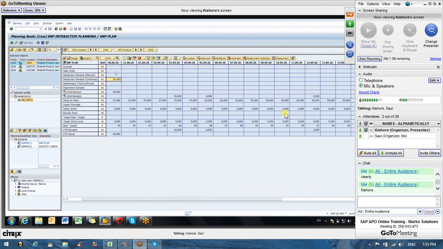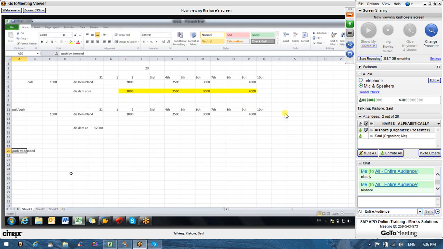See here, it has confirmed all the demand for the first 20 days period, at the beginning of the period itself. Earlier it was not done because you didn't have enough receipts. Now you have enough receipts, that's why it confirmed all the demand at the starting of the bucket itself. You got it? Yes, that's the push and pull strategy.